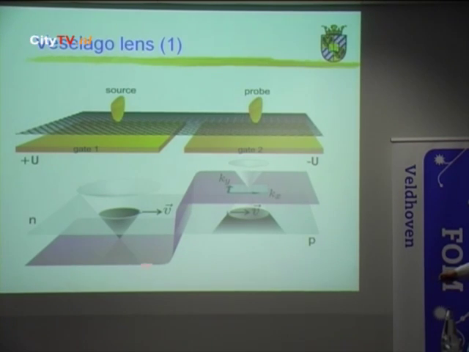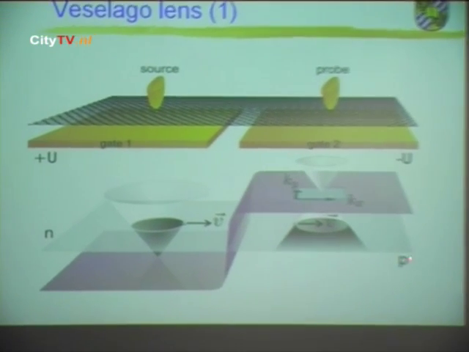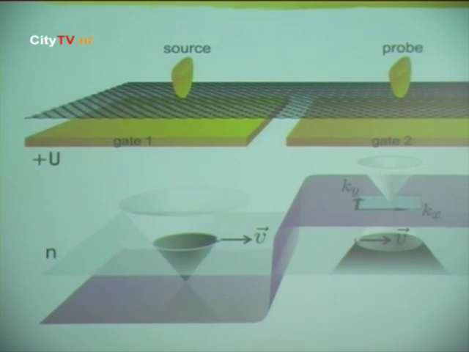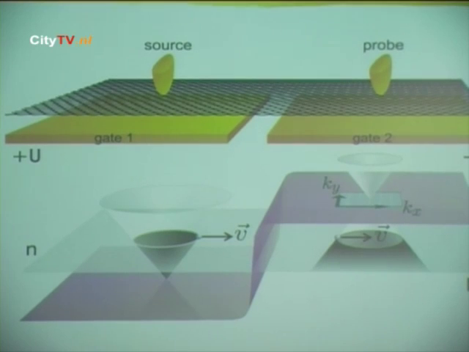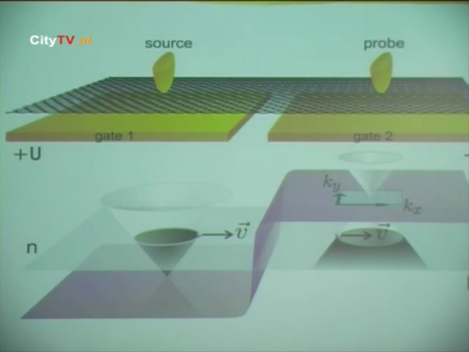So here this would be my zero energy, and here of course I would have my cone for the electron states. Here I have the same thing, but now the opposite way. This would be now my Fermi energy, this is my zero energy. Now I am in the regime of the holes, so this is now my cone. And now the trick is the following.